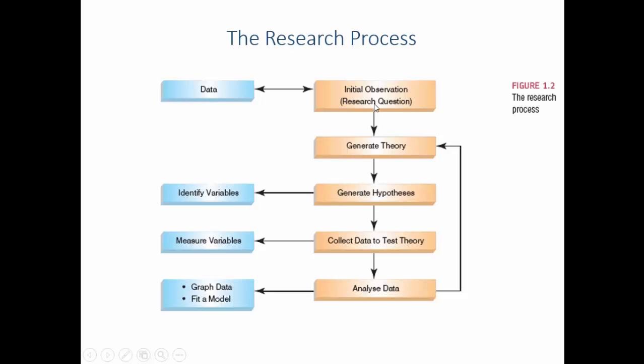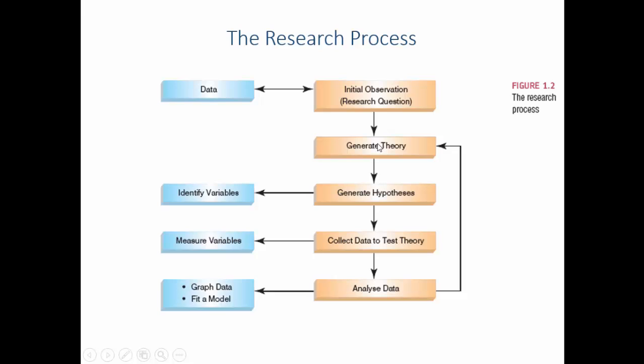So you've observed some phenomenon you think needs explaining. You've thought very carefully about what could possibly explain this behavior. So your theory is an explanation meant to explain your initial observations. It's also meant to explain other things.